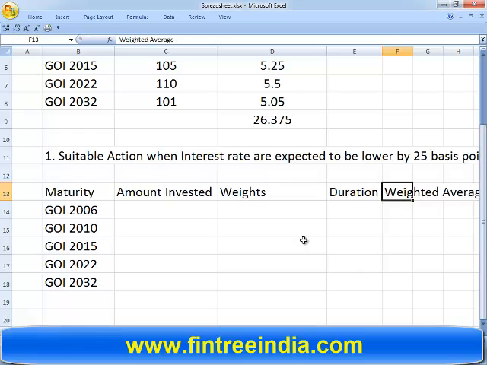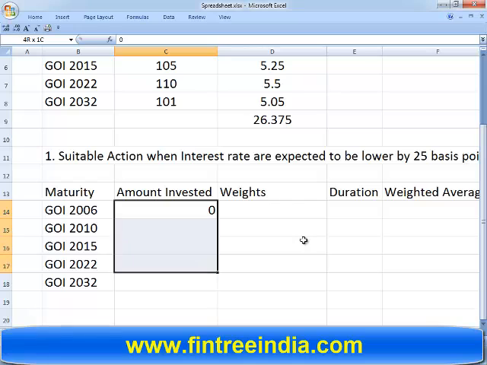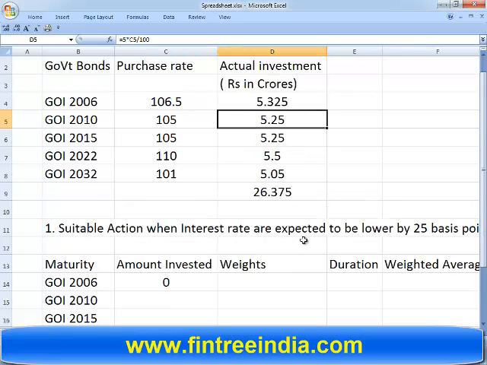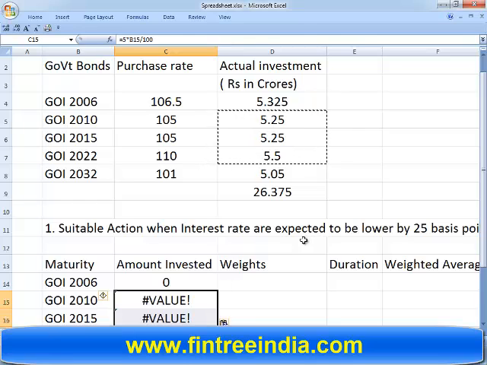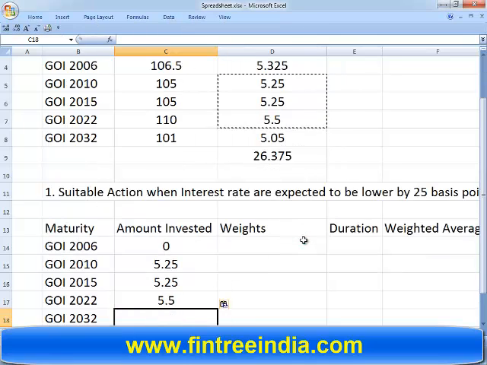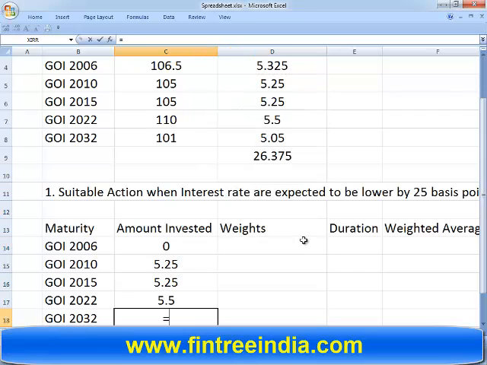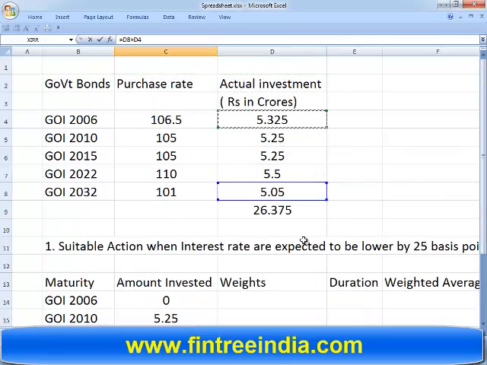So portfolio duration again is nothing but a simple weighted average, the way portfolio beta is a weighted average of individual securities. So amount invested here is going to be 0 because we have sold the entire amount. Then amount invested here 5.25, 5.25 and 5.5, and the amount invested here would be 5.05 plus 5.325.